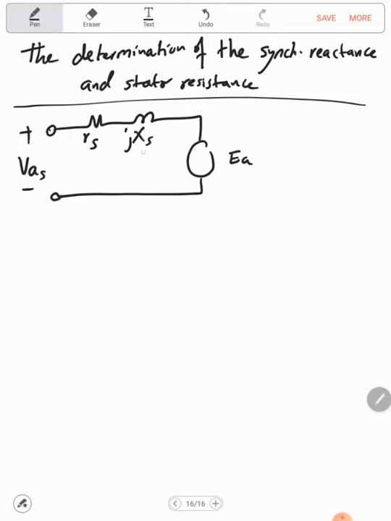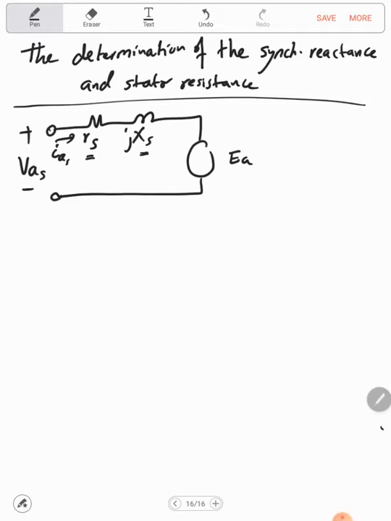Now this is the synchronous reactance and this is the stator resistance, and I'm assuming a motor action. Let's say this is IAS. So how to find the synchronous reactance? Simply we need to do two tests. One is the open circuit test and the second one is the short circuit test.